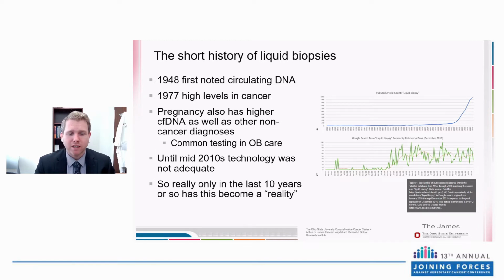And so just within the last 10 years or so, the idea of liquid biopsies in cancer care has really become a reality. These little charts on the right side show on the top, that blue line, are PubMed searches. So PubMed is where we can go get access to all the different journals and medical literature that gets published.